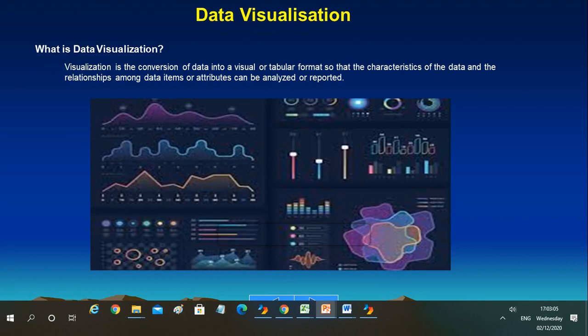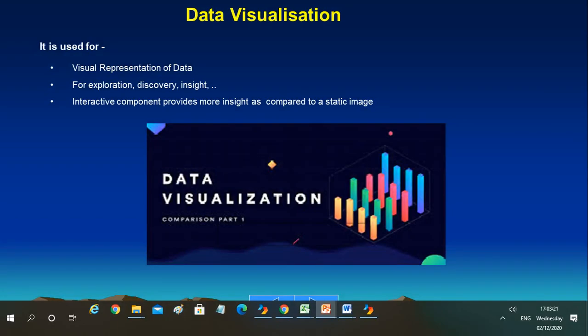Visualization is the conversion of data into a visual or tabular format so that the characteristics of the data and the relationships among data items are attributable. You can easily attribute it, and it can be analyzed or reported. It is for visual representation of data, for exploration, discovery, insight. An interactive component provides more insight as compared to a static image, because the static image doesn't move, whereas in this, you will see that the patterns give you better understanding.